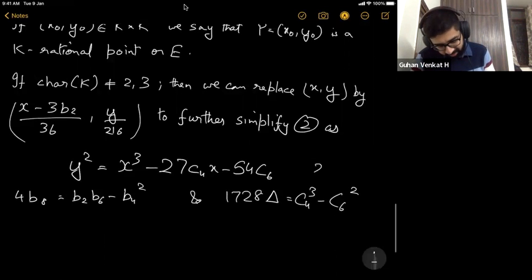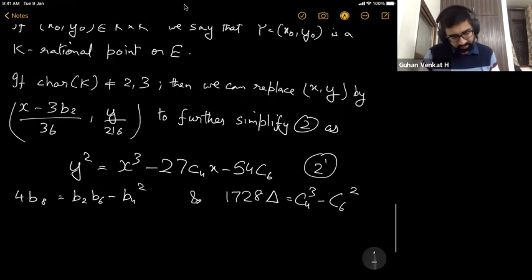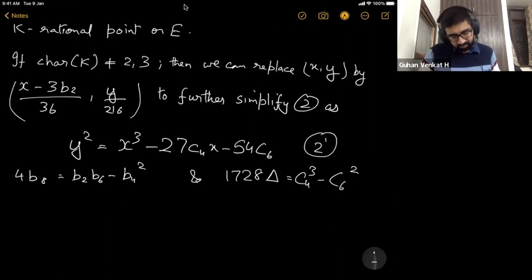Maybe I'll call this 2 prime. There are several experts in the audience. Is there a philosophical reason why 1728 pops up?